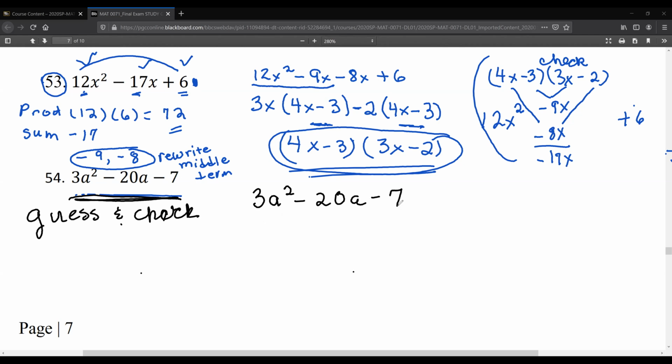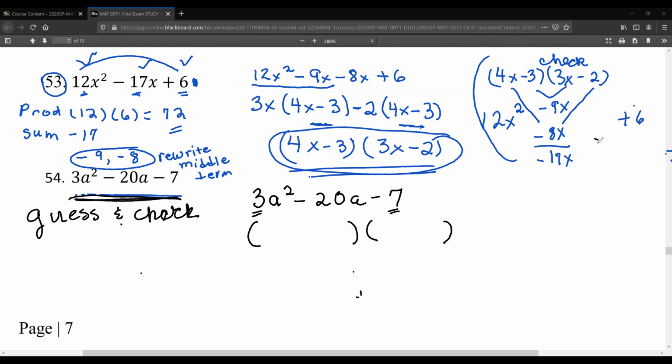The reason why this is a good candidate for guess and check is because the 3 and the 7 are prime numbers. Because they're prime numbers, we don't have too many ways to go. All you can do is 3 and 7, and then we can just check it by our little method up here.